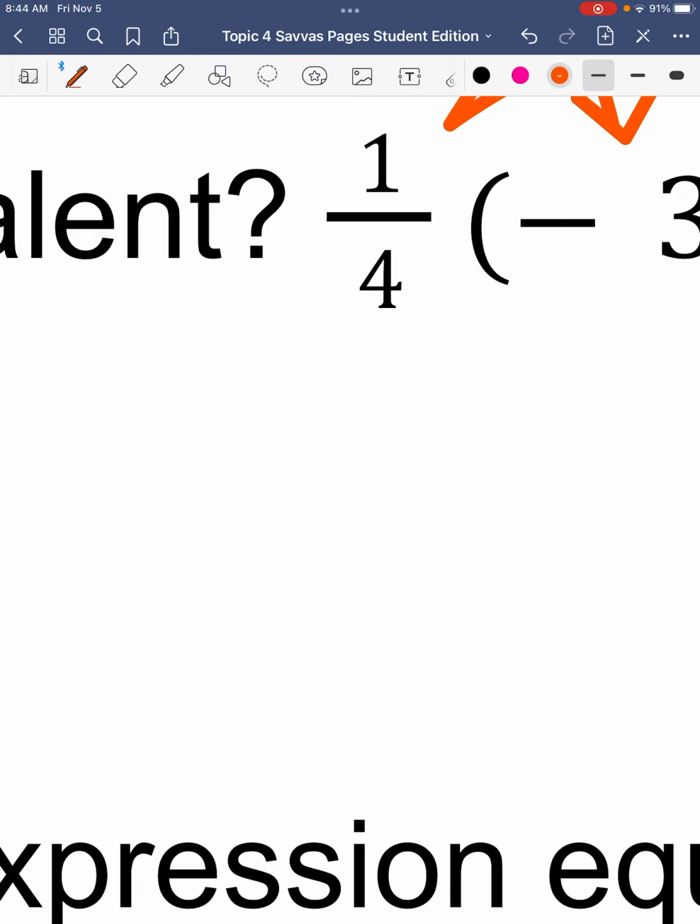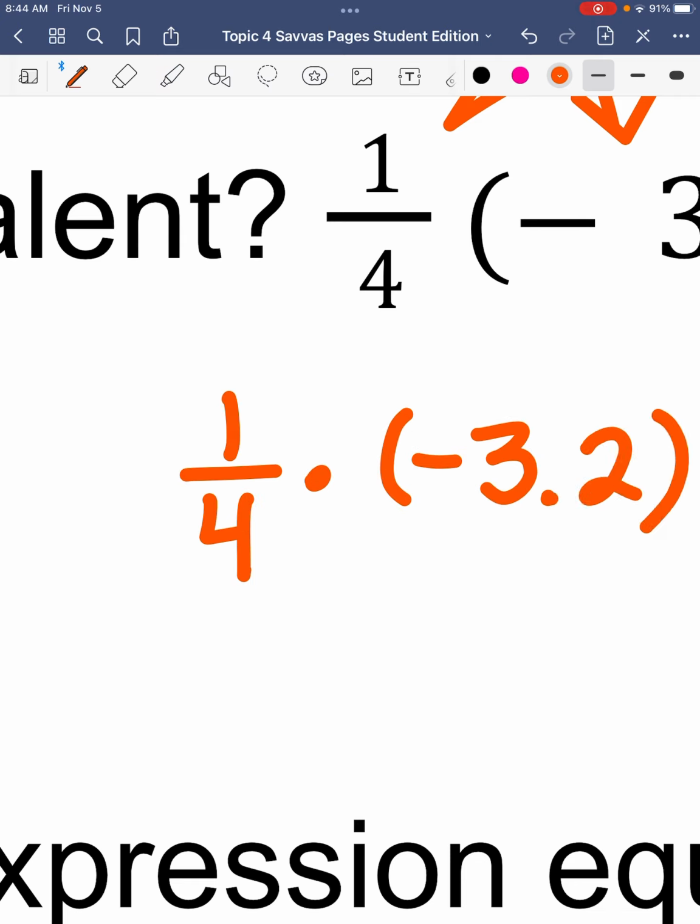So in my calculator, I'm going to type 1/4 times negative 3.2. Now, do remember that 1/4 can be written as 0.25. So 0.25 times negative 3.2 will give you the same answer.